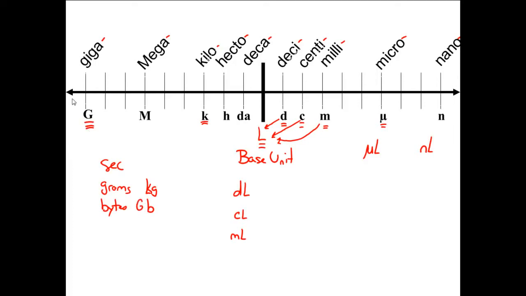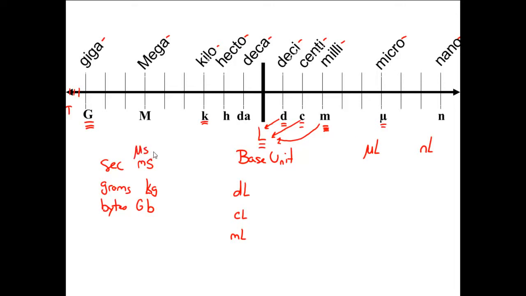And even beyond giga, if I want to go out 3 more places, 3 more places out would be the prefix T, for terabyte. And like I said, the Olympics measures time in seconds. You could use little m over here for milliseconds, but it's also not common these days to have something down to the microsecond.